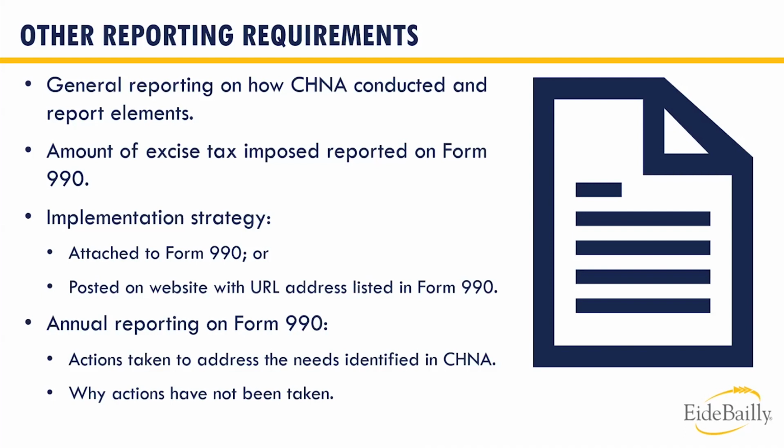You really want that to be reflective of what your hospital actually did. Oftentimes I'll see that people will just give me a reiteration of what they put in their implementation strategy. So they'll say, we intend to do this, we intend to do this. And that's not what they're asking for here. What they're asking for is, during the current year, what did you actually do? So keep that in mind.